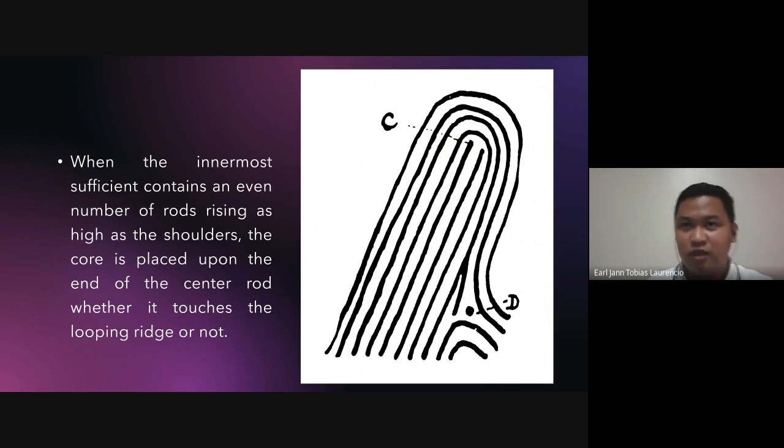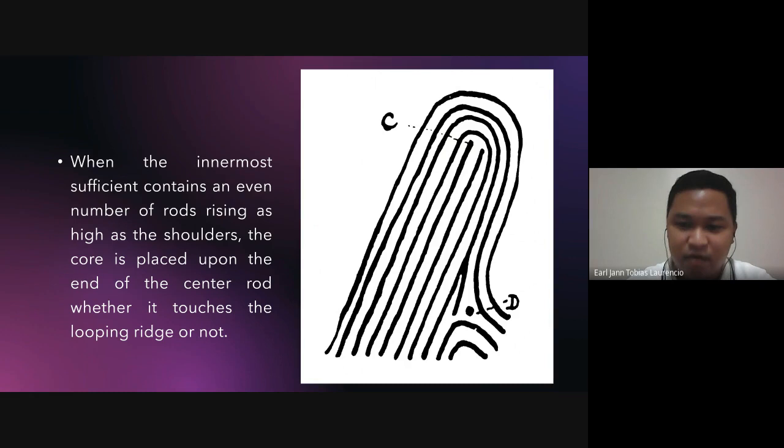This rule is applicable only if there are rods. When we say rods, we are referring to ridge endings. If the innermost ridges are ridge endings or rods, and there is an even number of rods, the rule states that we will choose the end of the center rod.